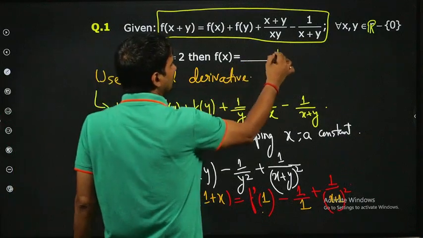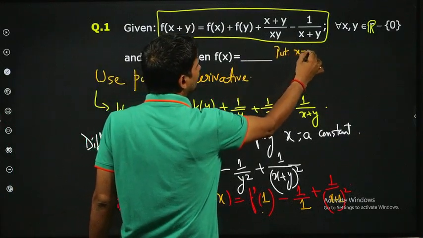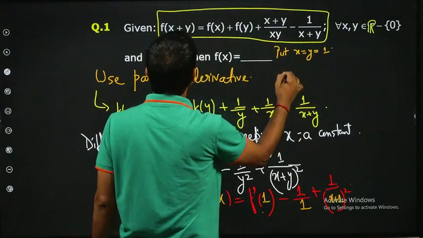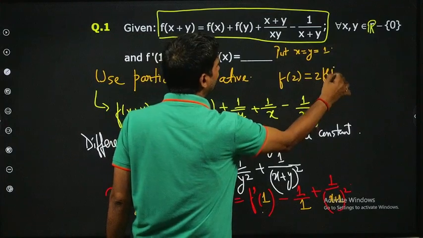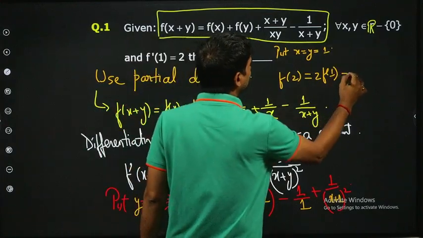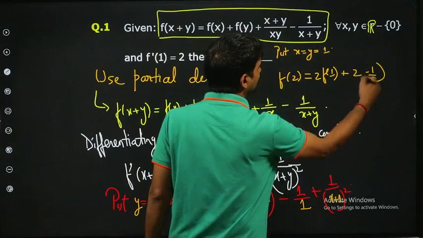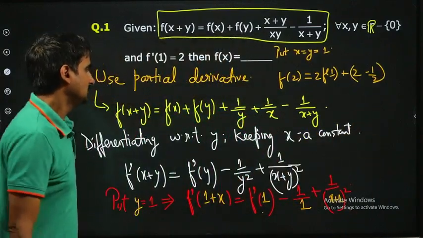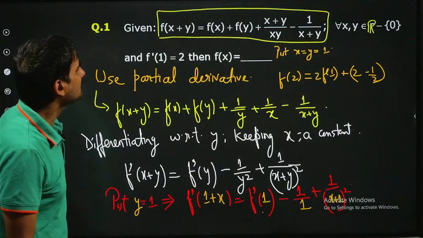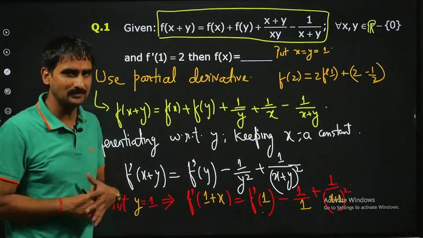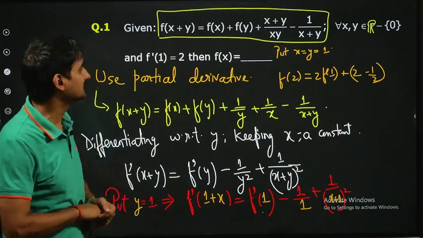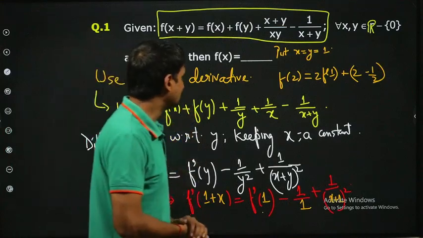Put x is equal to y is equal to 1 here, so we get f of 2 is equal to 2 times f of 1 plus 2 minus half. That won't help actually, I don't think. The problem is we can't put x and y as 0, otherwise we could have easily found that value.